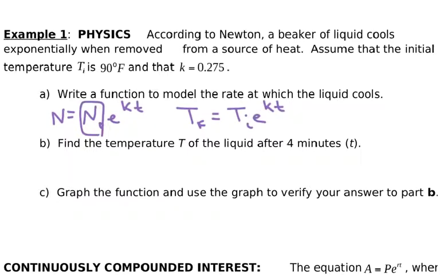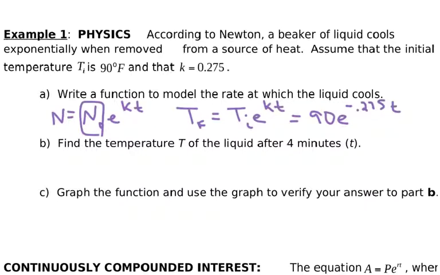All I did was change those N's to T's because our input and output are going to be temperature. Since the liquid is cooling, should k be positive or negative? Well, negative because it's decaying, it's going down in value. So our final temperature is going to be 90 e to the negative 0.275 little t.